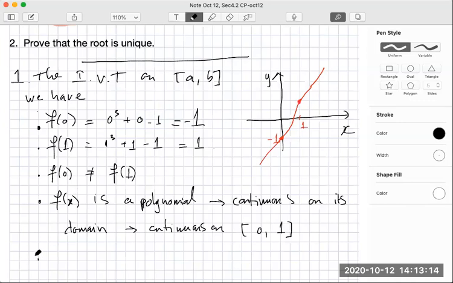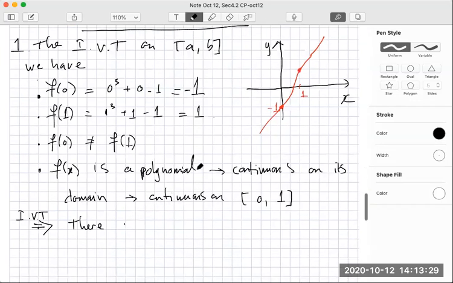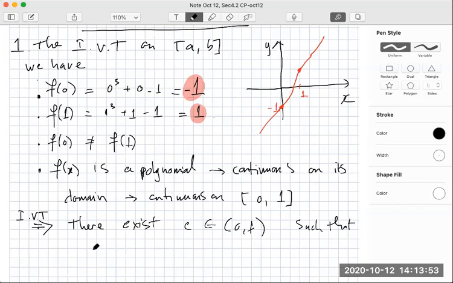So what do we have? There exists, for any value between f(a) and f(b), which means between -1 and 1 here, a c in (0, 1) such that f(c) will be 0, right?